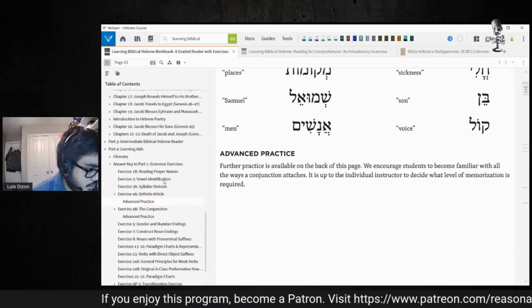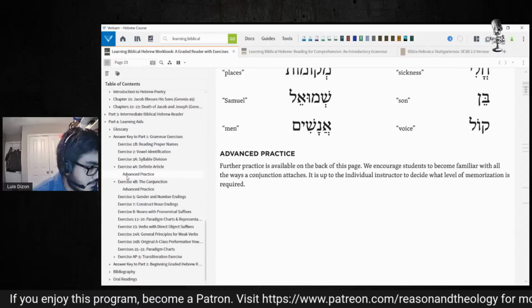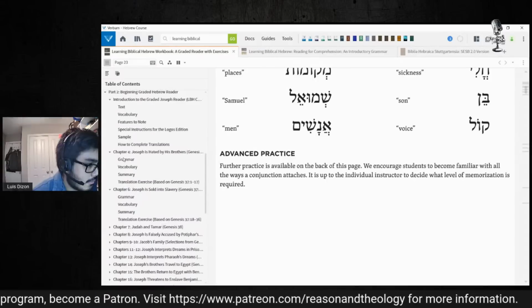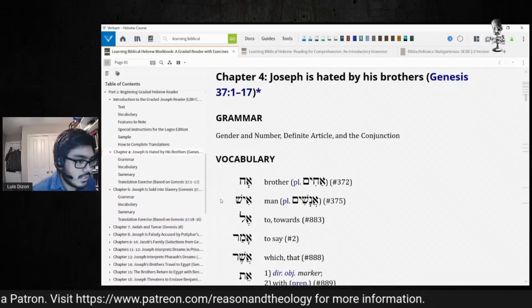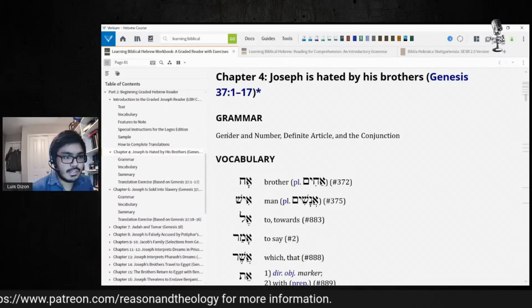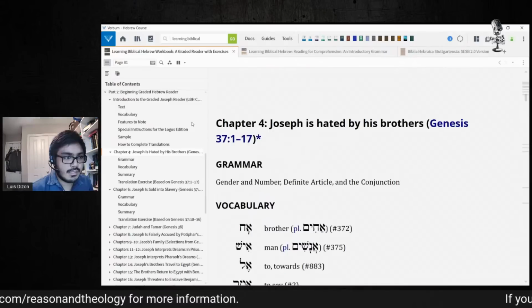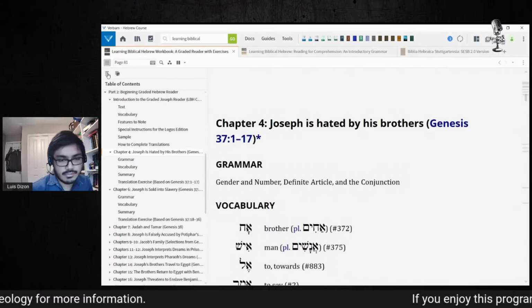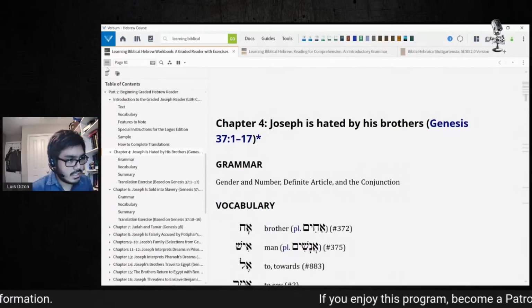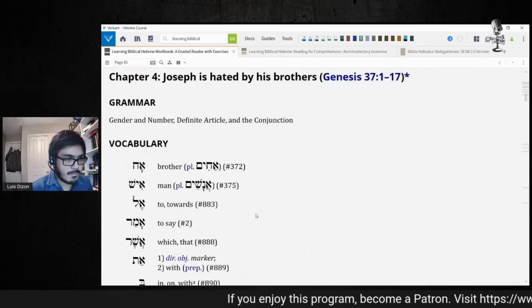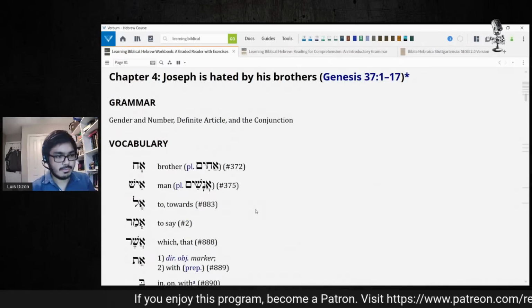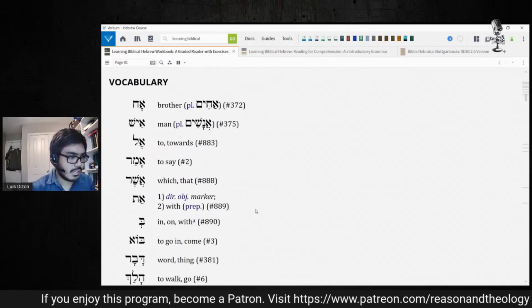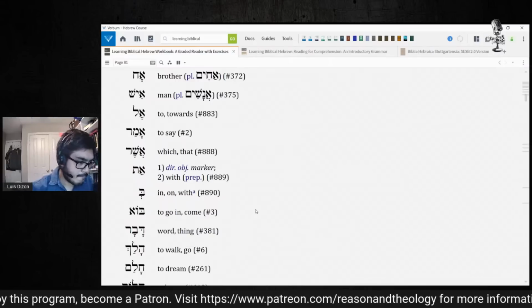Now let's do some translation work, okay? So for most of the early chapters, we'll be translating the Joseph story from the book of Genesis. It's not the complete text of Genesis, but a simplified version. So we have some vocab here.